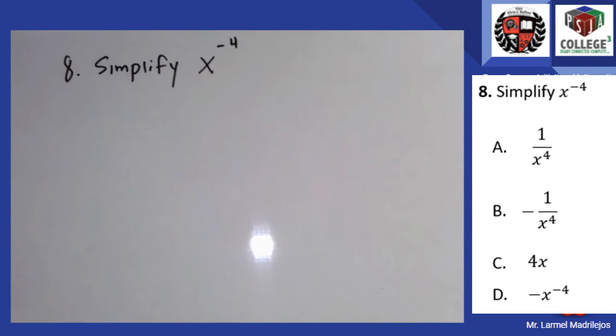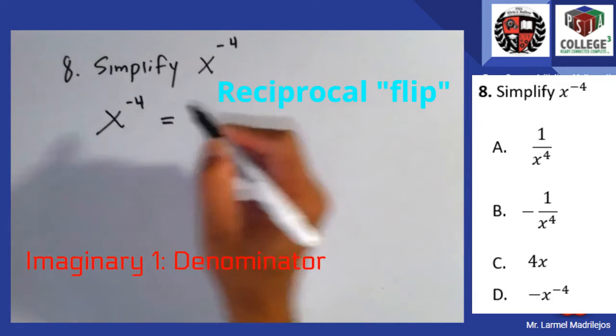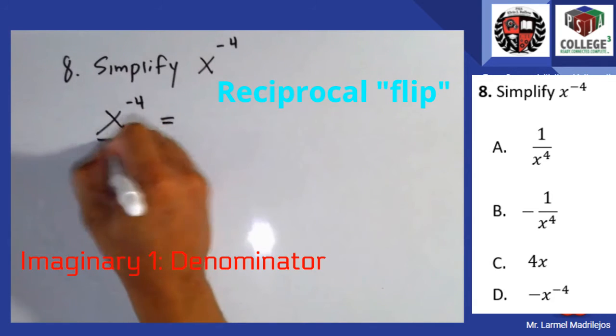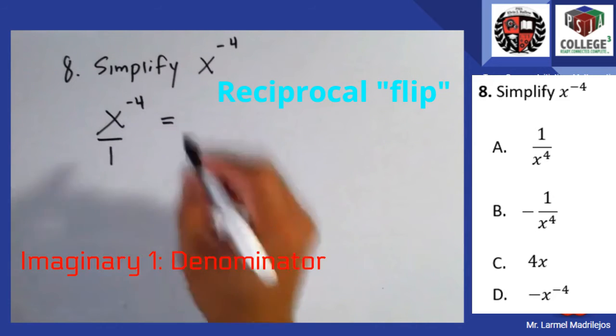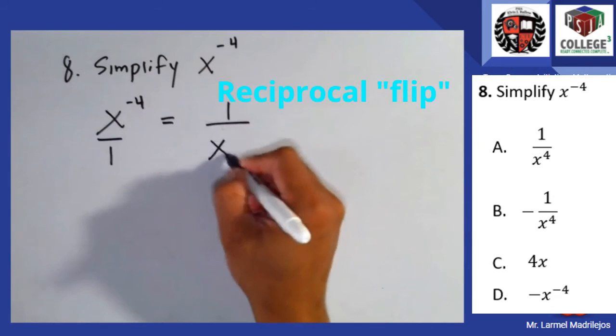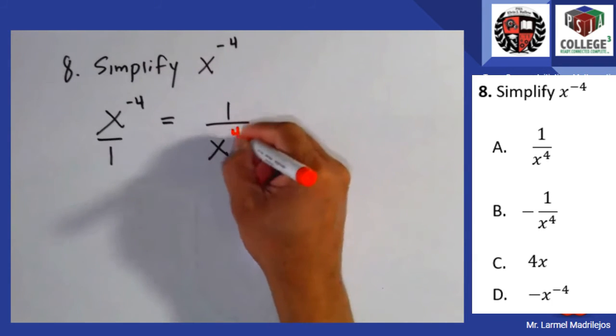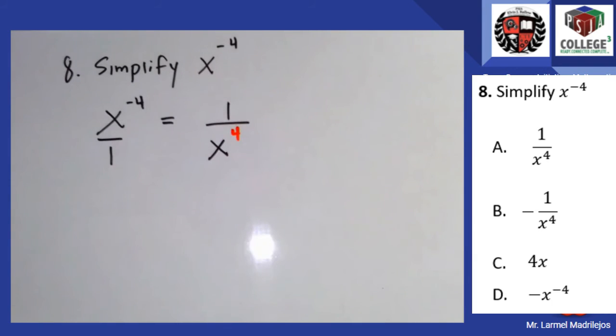So we need to convert the negative 4 to a positive 4. Okay? So we'll take the reciprocal. I'm going to do the same thing. Reciprocal or flip them. It's going to be 1 over x, but this time your negative 4 turns to positive 4. So your answer is letter A.